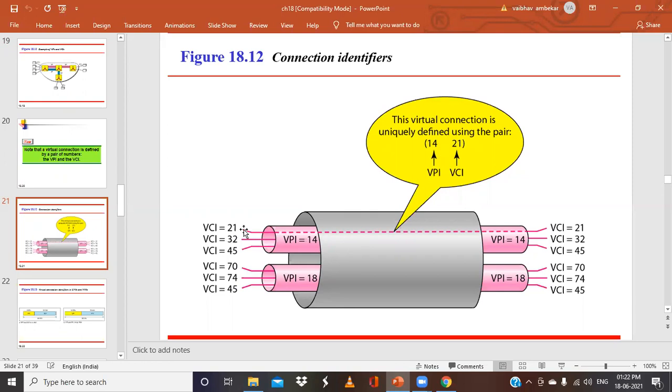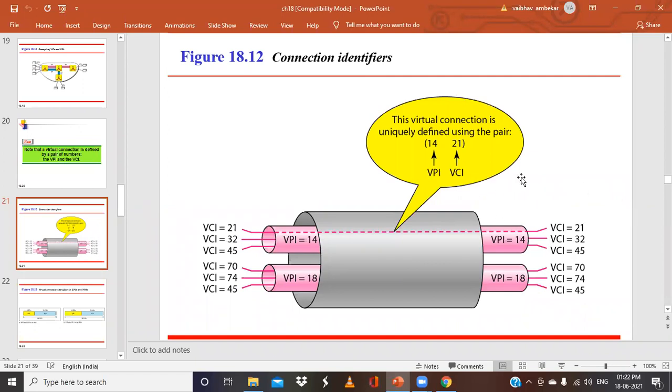So if a cell is following 21, that is the VCI, then the VPI will be 14, and the same thing has to be followed till it reaches the destination. It cannot change it. Why can it not change the path? Can it change the path or no? No, sir. Why? It is again connection oriented.